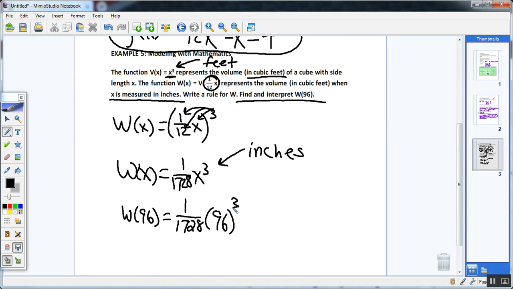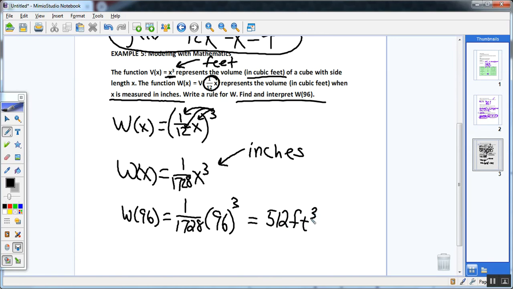Maddie, can I count on your calculator again? I want you to take 96 to the third power and then divide by 1,728. 512. Okay, so this is 512 cubic feet.